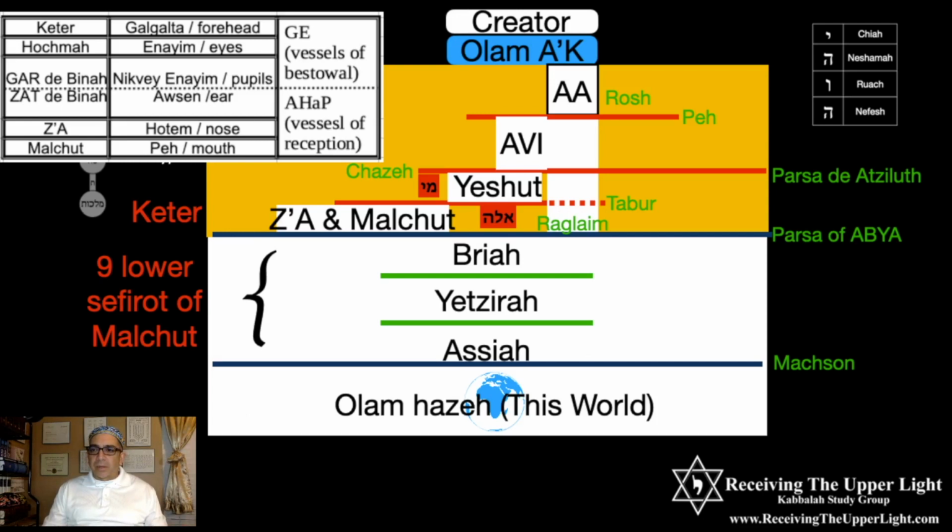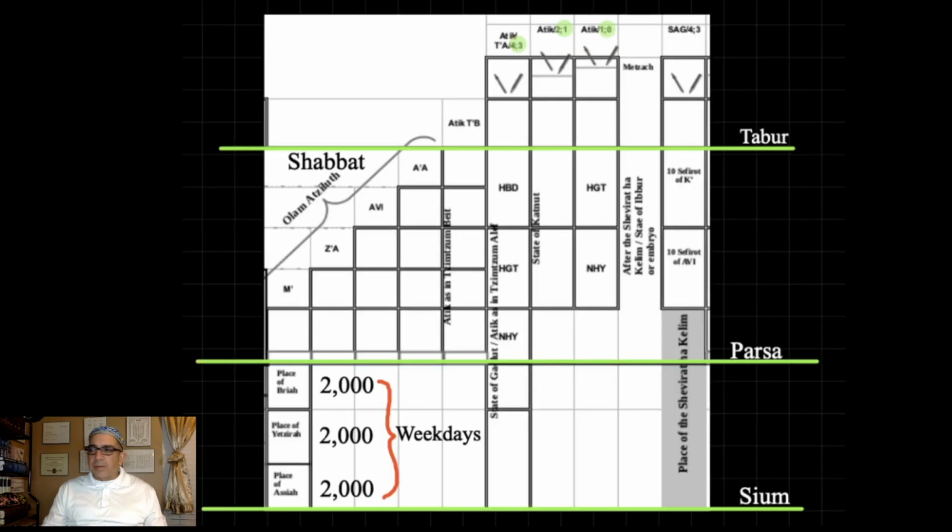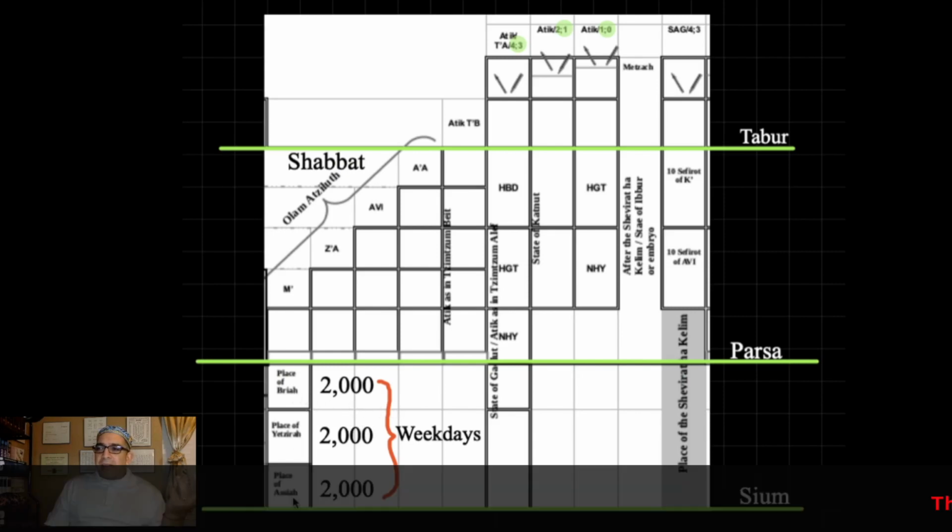And 600,000 years are basically levels in the spiritual realm that are divided in 2000s, and are basically like the words Bria, Yetzirah, and Asiyah. Each word is 2000. So the same thing is going to happen with the days.